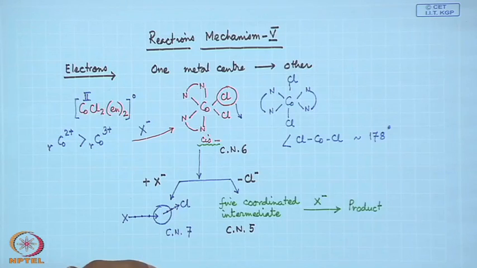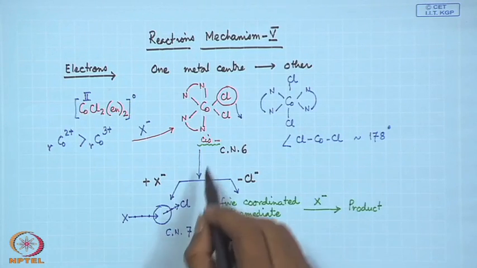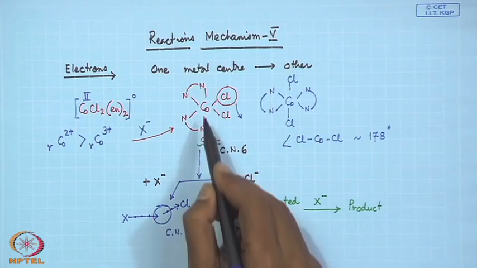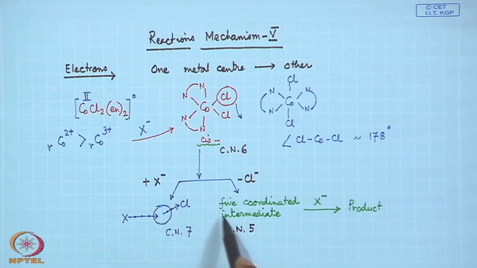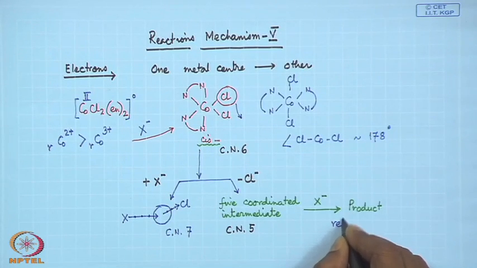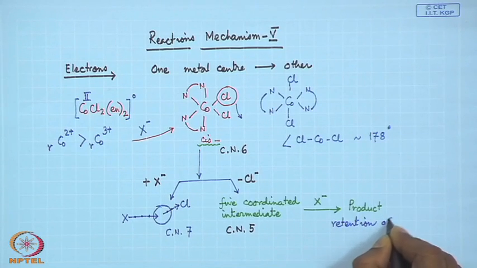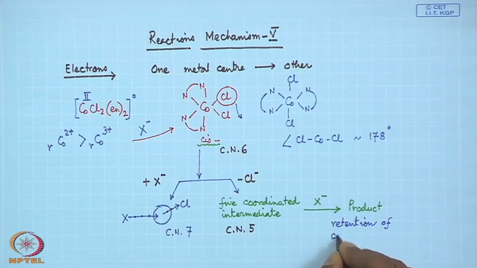And by analyzing the nature of this product, we consider that in the case of cis geometry, that means when we start from the cis complex, we get retention of cis configuration.